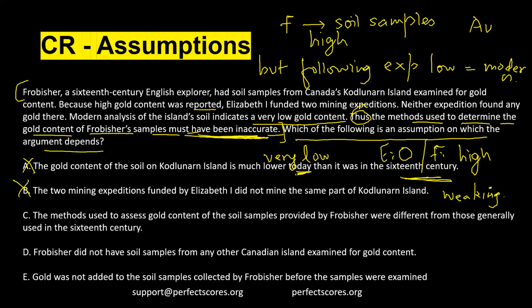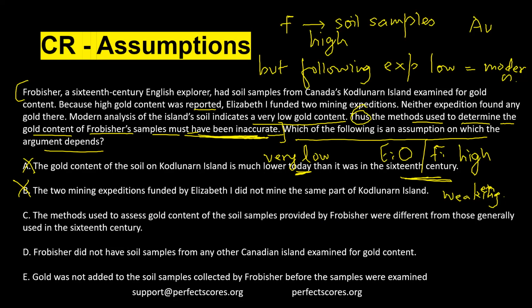It looks fine because it's a weakening choice. Let's look at C. The methods used to assess gold content provided by Frobisher were different from those generally used in the 16th century.